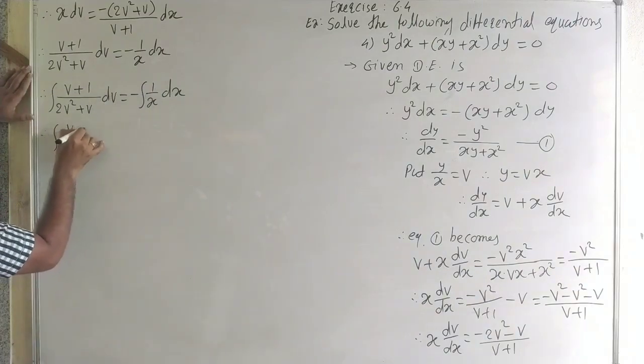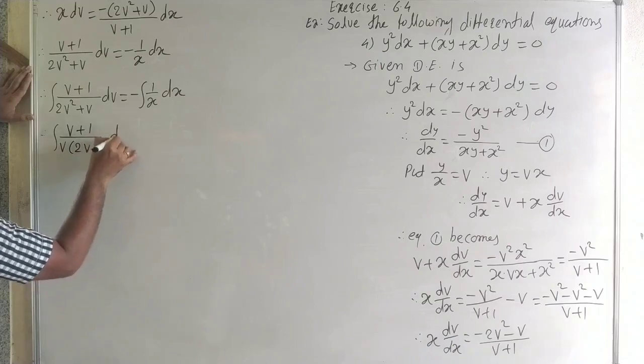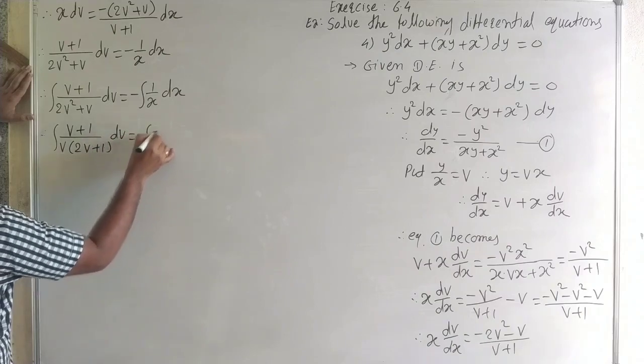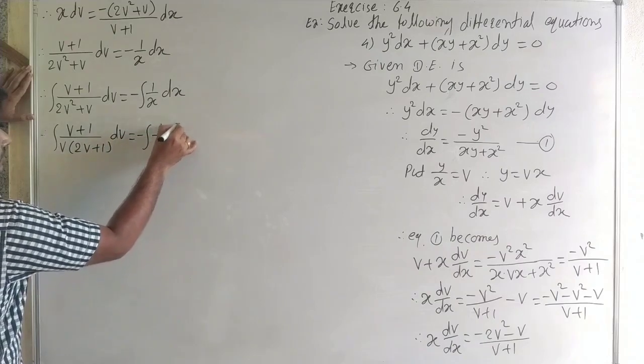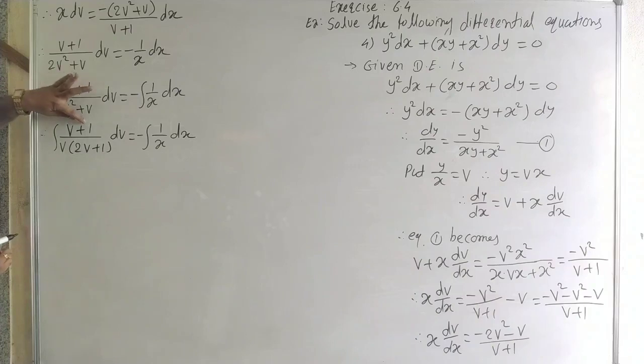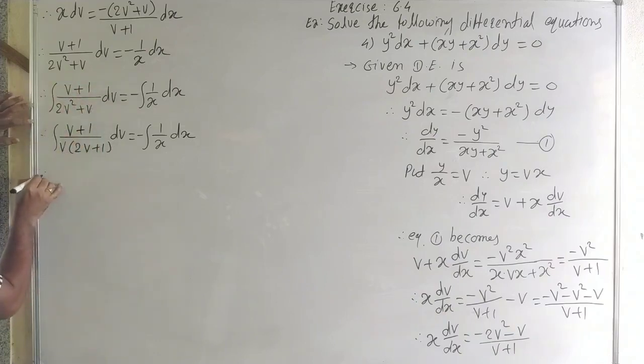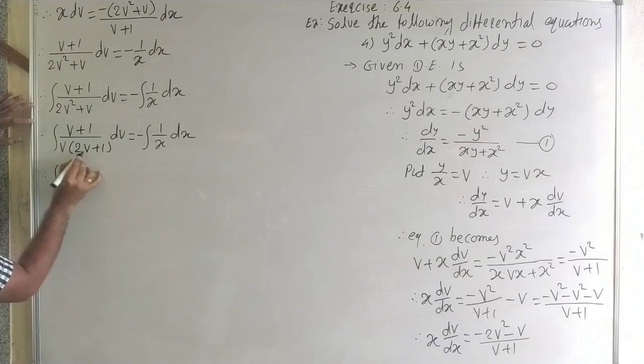Now integral of (v + 1)/(v(2v + 1)) dv is equal to minus 1 by x dx. Here v and 2v + 1 are the factors, and in the numerator it is v + 1. So by partial fractions it is A upon v plus B upon 2v + 1, but here we can directly adjust the two linear factors in the numerator. Here the two linear factors are v and 2v + 1.